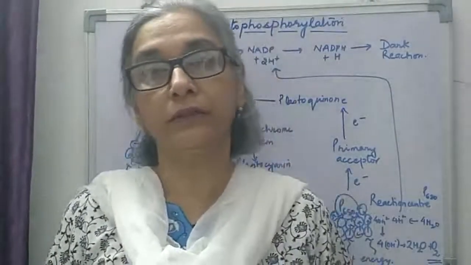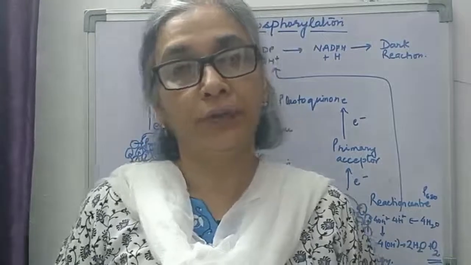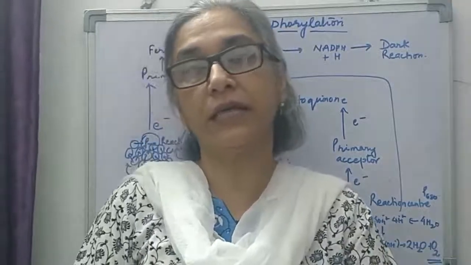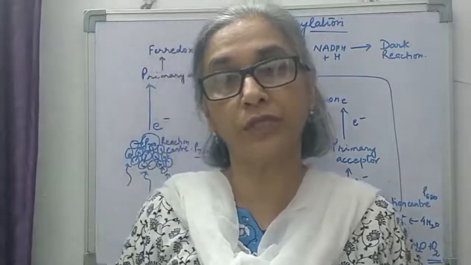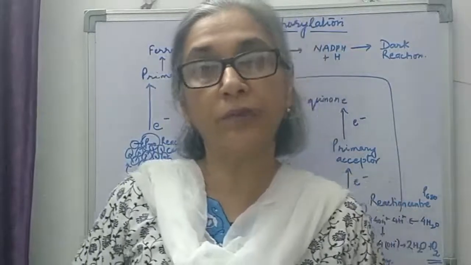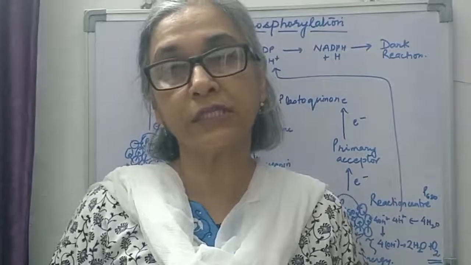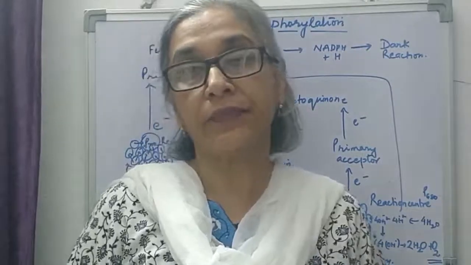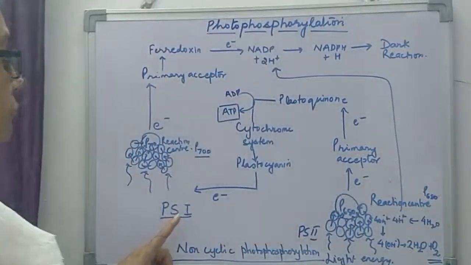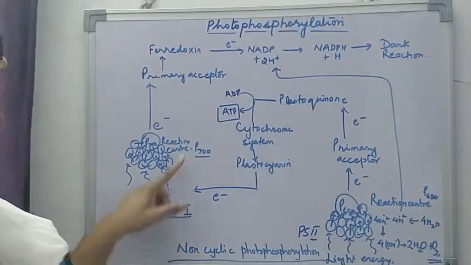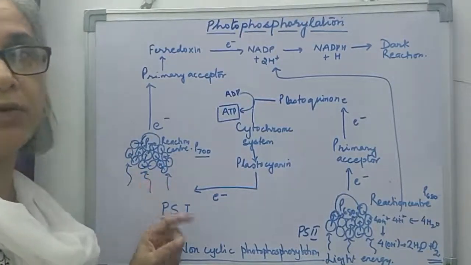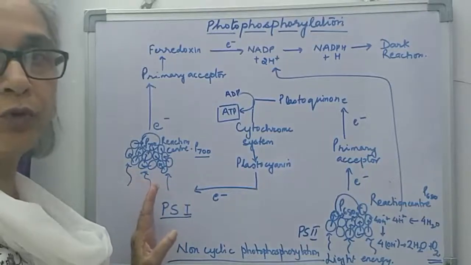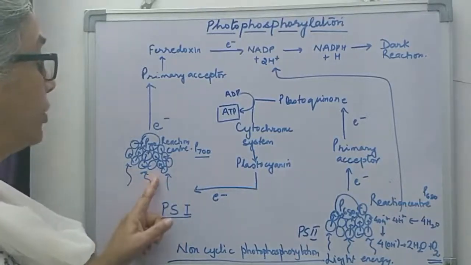Good morning, class. On our previous turn, I had started explaining the light phase of photosynthesis, and I had explained the two types of photosystems that exist. We had seen that each photosystem is made up of about 230 to 400 pigment molecules.